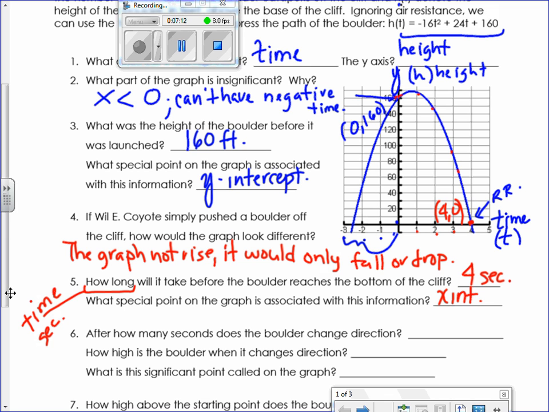Number 6 says, after how many seconds does the boulder change direction? So where is it changing direction? So let's go back and follow the path. It starts here, and then it goes up, all right, and it looks like it goes up here, and then it starts changing directions. So that's not exactly at 1 second the way I'm reading it.